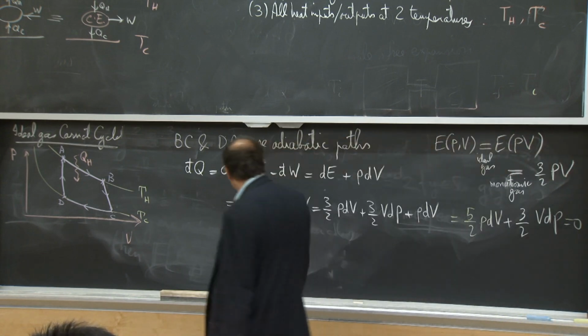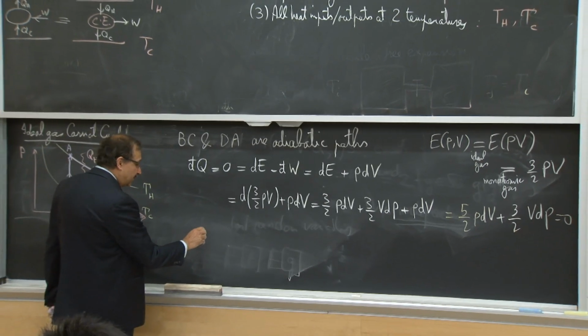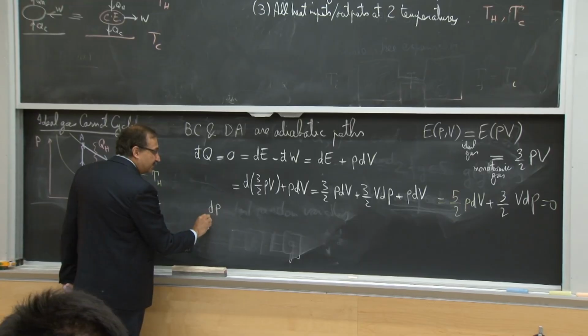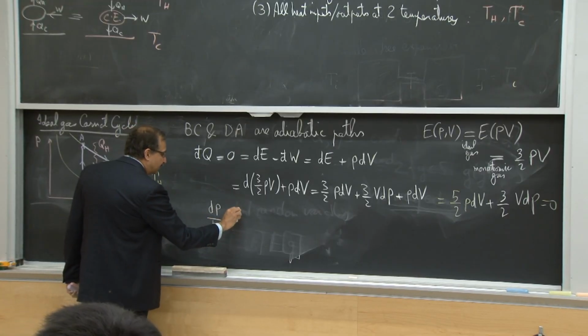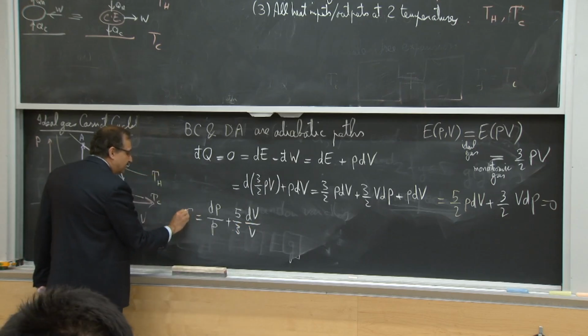And you can rearrange that easily to dP over P plus 5/3 dV over V is 0.